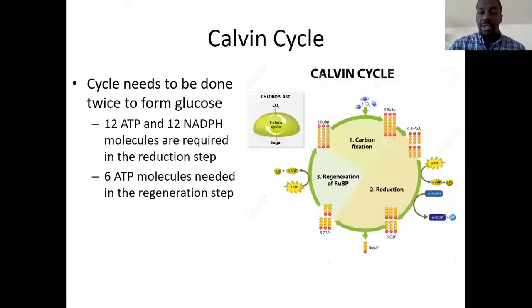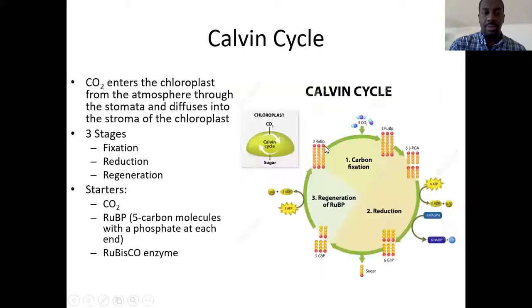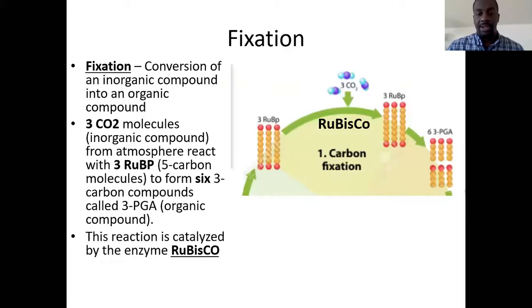So starting with the carbon fixation step, let me go back to the fixation step. So in fixation, we have these 5 carbon RuBP molecules. 1, 2, 3, 4, 5. Ignore the 6th one because this one shouldn't be. 5 carbon RuBP molecules. We have a total of 3 RuBP molecules.